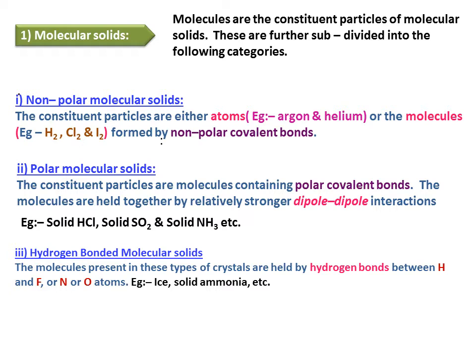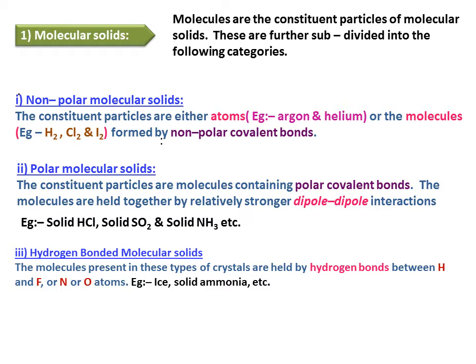Examples: solid HCl, solid sulfur dioxide and solid ammonia. Dear student, why must there be dipole-dipole interaction? Because each molecule in HCl is a dipole, so there must be dipole-dipole interactions.